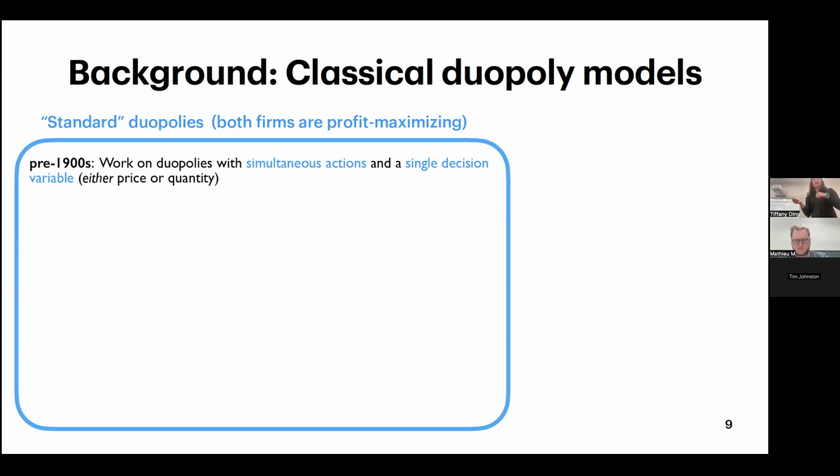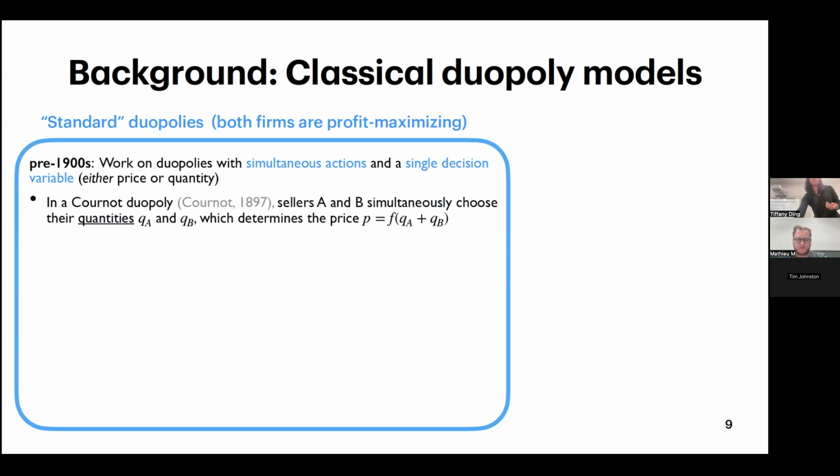The players choose either the price that they will sell the good at or the quantity that they will order. In a Cournot duopoly, the two sellers simultaneously choose their quantities, and their quantities determine the price. The price is just a function of the sum of those two quantities.